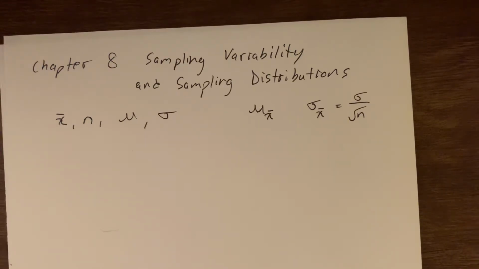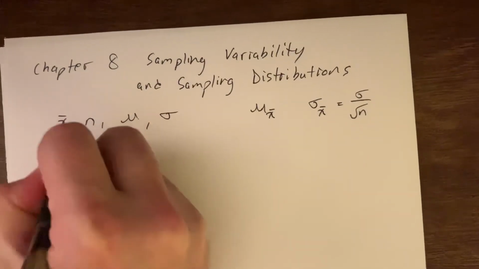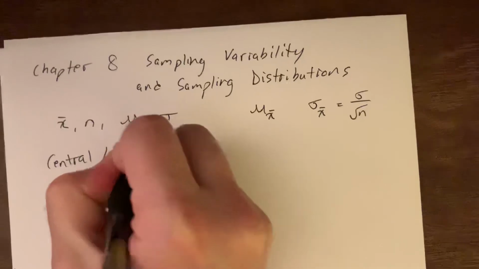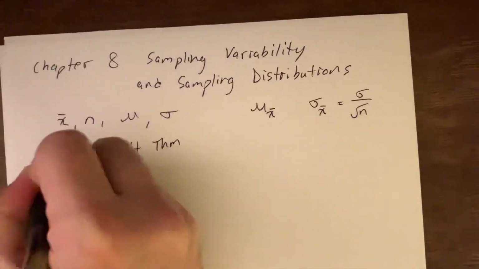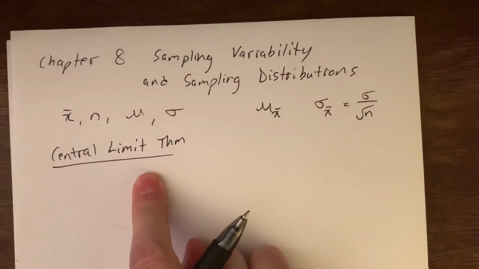So the last two things I want to point out, and that's the end of chapter 8. Again, we pointed out the idea of the central limit theorem, and I'll just try and sum that up very quickly here.